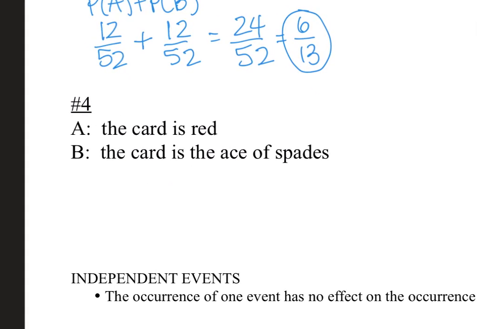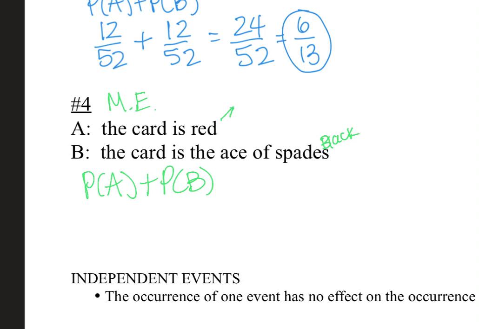All right, the card is red, and the card is ace of spades. Now, spades is black. They are not red. So this is going to be mutually exclusive. So all you're going to do is you're going to add the probability of A plus the probability of B. So red cards in a deck.